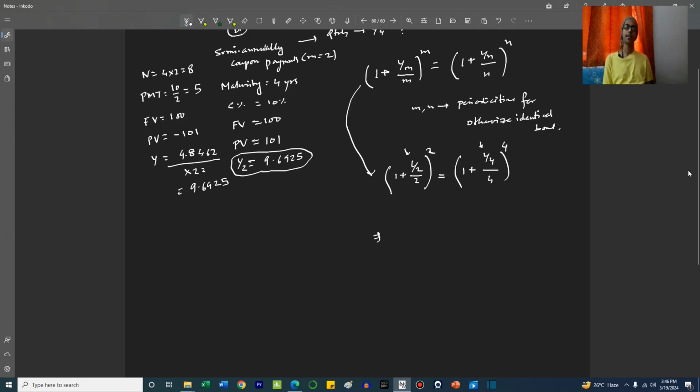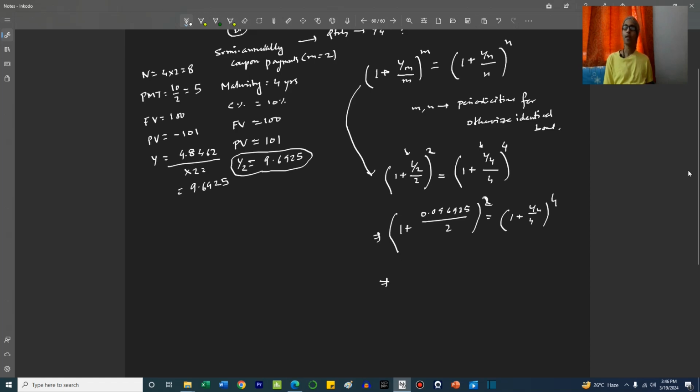So this implies (1 + 0.096925/2)^2 = (1 + y4/4)^4.